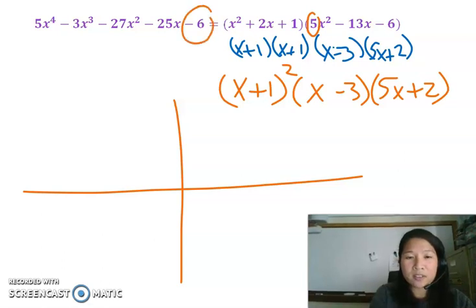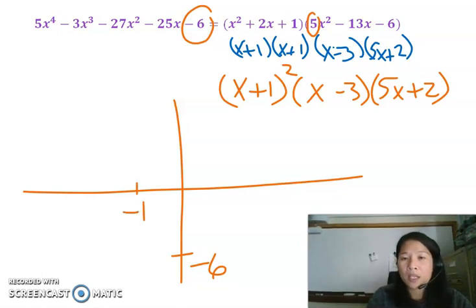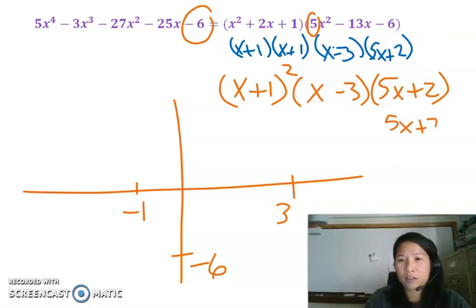The y-intercept is negative 6. If our factor is x plus 1, that means our x-intercept is going to be negative 1. Here, x minus 3, so that means our zero or our x-intercept is 3. And then this one right here, 5x plus 2, we want that equal to 0. So let's do a quick solving here.